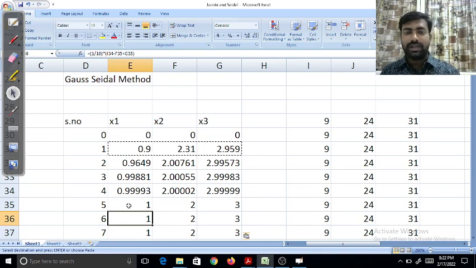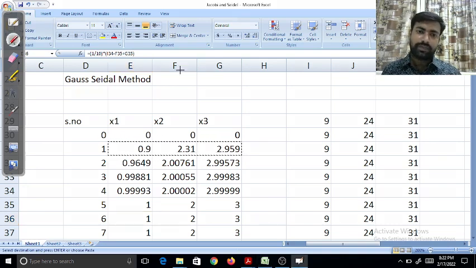And there is another method called SOR, successive over relaxation method. That is actually a modified version of Gauss-Seidel, where we give some weightages. With those weightages, the rate of convergence becomes faster compared to these two methods, Gauss-Seidel and Jacobi.